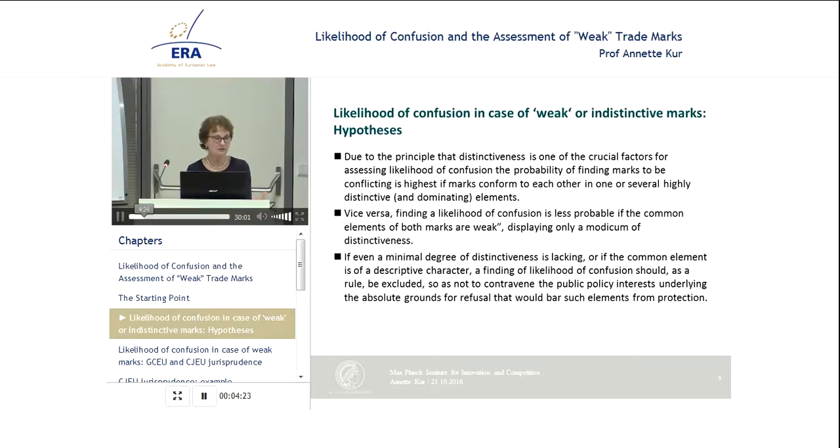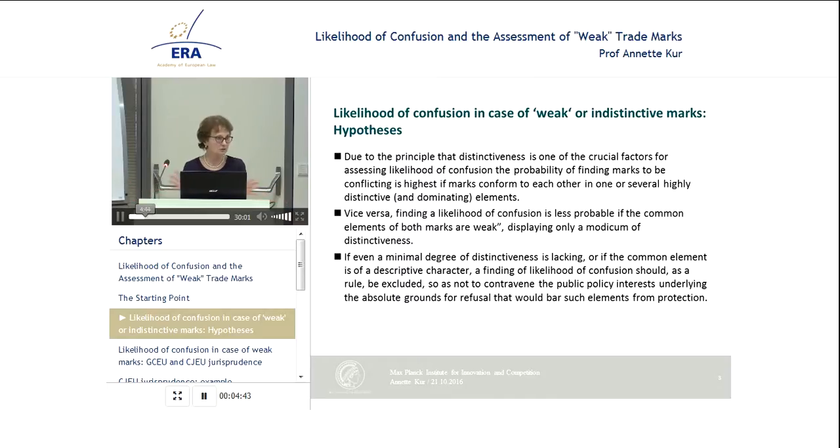So these are marks that should be free for others to use, also for their commercial purposes. Now, if these elements form part simply of a more complex sign, then of course the interest in keeping those elements free doesn't go away. It's still there.